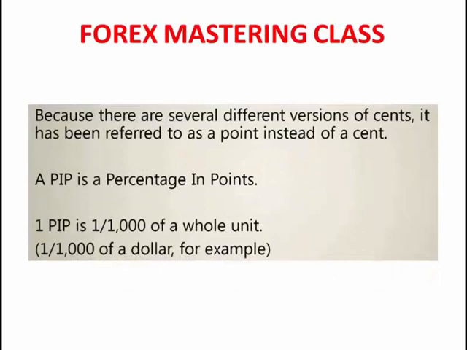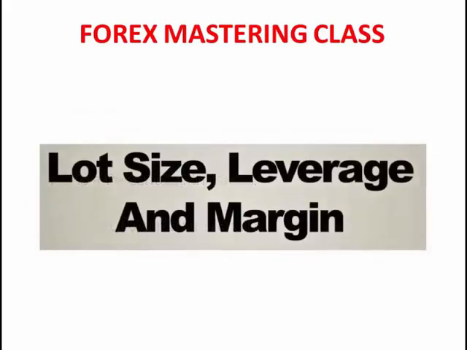Because there are several different versions of cent, it has been referred to as the point instead of cent. It would have been percentage in cent, but it's percentage in point, because there are some other currencies that are not cent. So 1 pip is 1/1000 of the whole unit. I hope you are getting it.